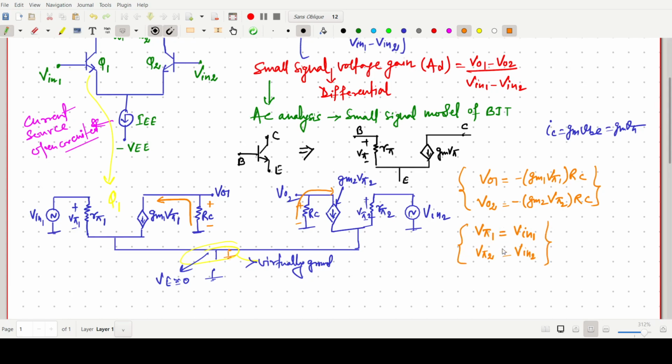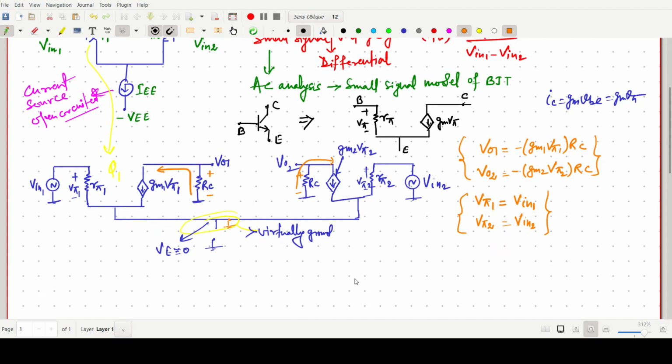Okay, so now we can say the value of AD. The value of AD is V naught 1 minus V naught 2 by V in 1 minus V in 2. So V naught 1, what can we write?